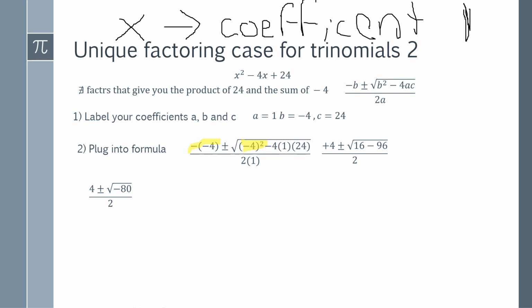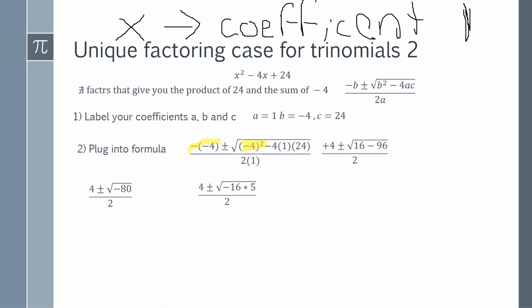Now, the one thing that I'm going to do, just so you guys could understand a little bit more, is to rewrite -80 until you get a perfect square. -16 times 5 gives you -80. Now we know for a fact, can we have a negative number in the square root?